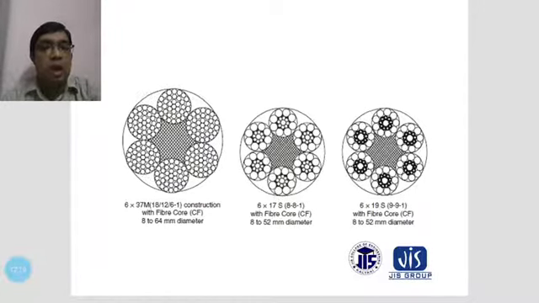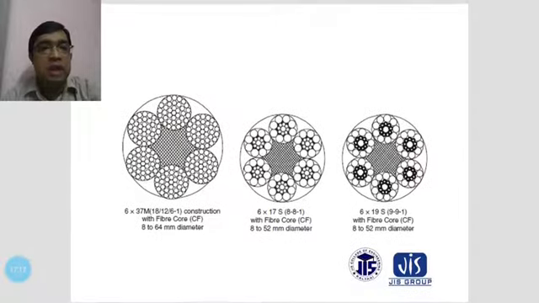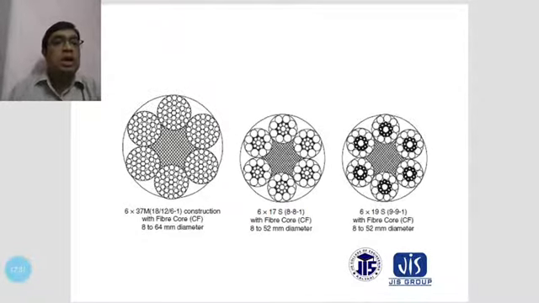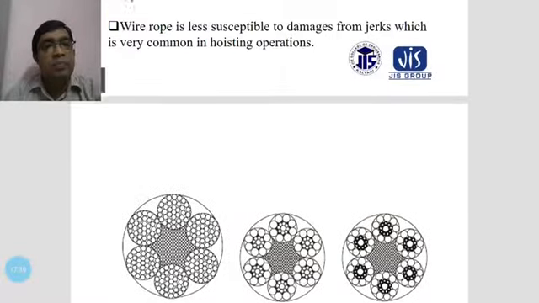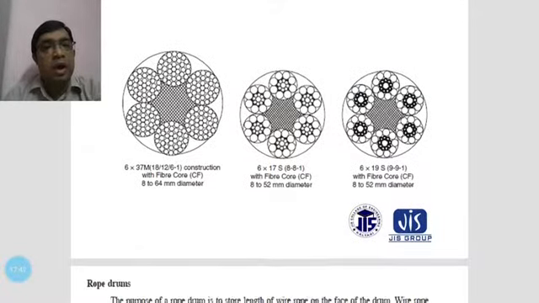The middle one is 6x17 with fiber core, 8 to 52 millimeter diameter. The third one is 6x19 with fiber core, 8 to 52 millimeter diameter, and steel wire drums are found in these systems.